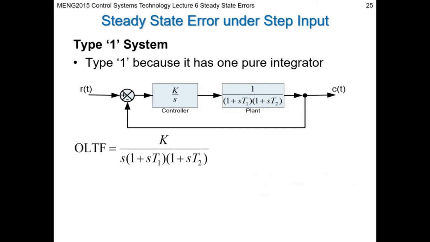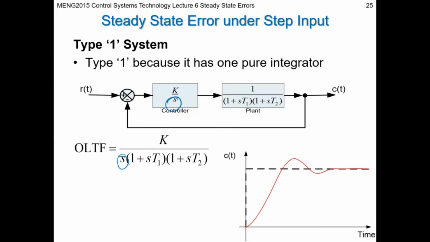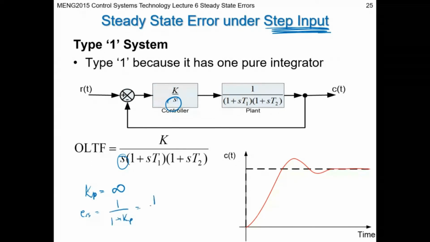If we have a type 1 system now, you're seeing the type 1 come in here in the controller and on the open loop transfer function. Now, because it's a type 1 system, if you apply a step input, we're saying steady state error under step input, therefore Kp is going to be infinite, steady state error 1 over 1 plus Kp equals 1 over infinity equals 0, right?